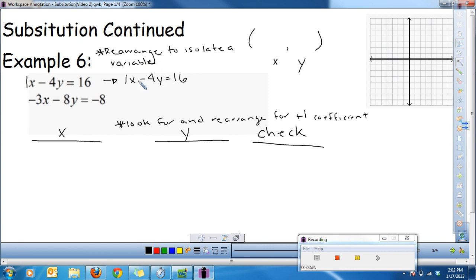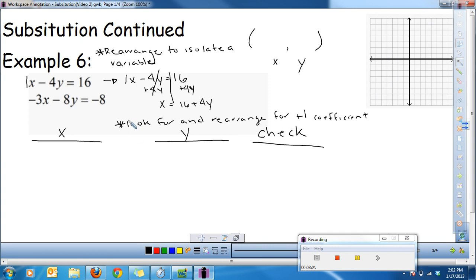If I were to solve this equation for this positive 1x, the only thing I need to get rid of is this minus 4y, and I would just have to add 4y to the other side. And I'd be left with x equals 16 plus 4y. That's it. Now I have a variable isolated.